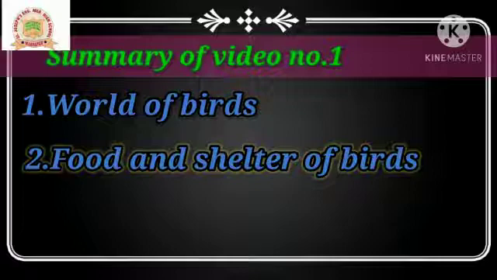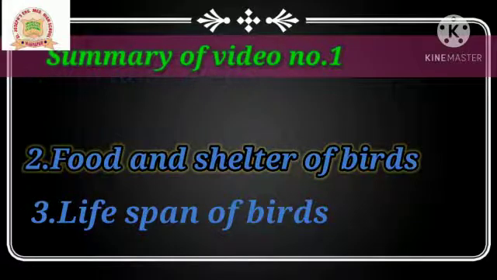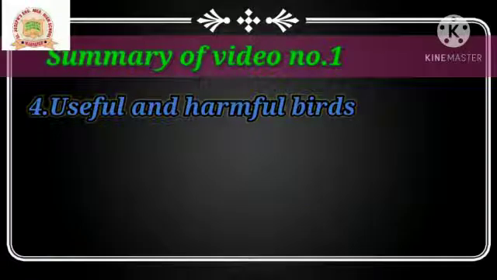After that, we learned about their shelter. Birds build their nests to lay, protect and hatch their eggs and protect their young ones also. And birds are living things, so they have a lifespan. Some birds have a maximum lifespan and some have a minimum lifespan. After that, we learned about useful and harmful birds. Some birds are very useful to human beings and agriculture also.